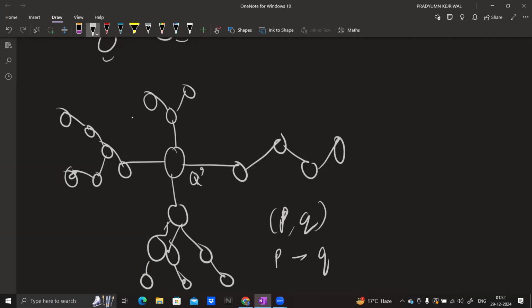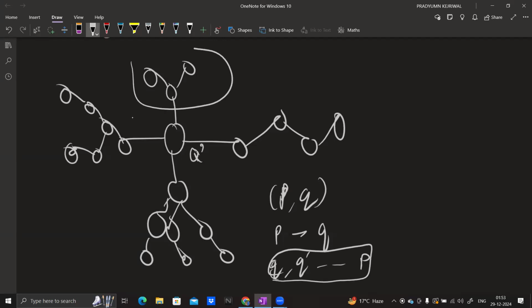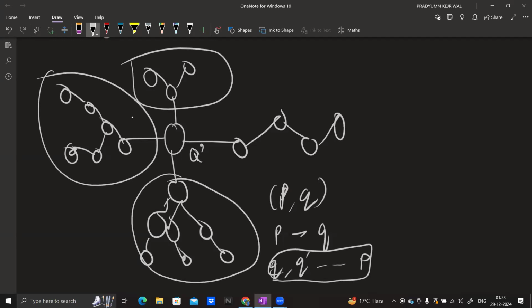And we want to ensure that this is beside Q dash. This is like Q, then Q dash, then some nodes, and then P. The path should be like this. So essentially, what we want is the different components that this Q dash has. We can just select two of those.